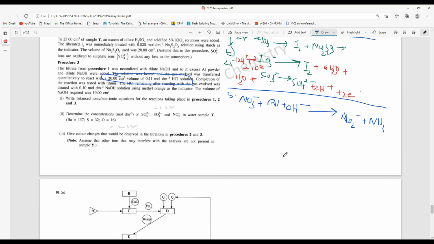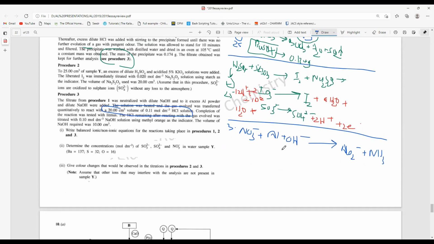Otherwise, you need to balance this one. So if it's difficult, if you want to remember each and everything, this is one of the reactions that is happening in this one. The next reaction that is happening is ammonia titration with HCl. So ammonia is also going to react with HCl to form ammonium chloride, NH4Cl. Right. Furthermore, the remaining HCl is also going to react with NaOH.